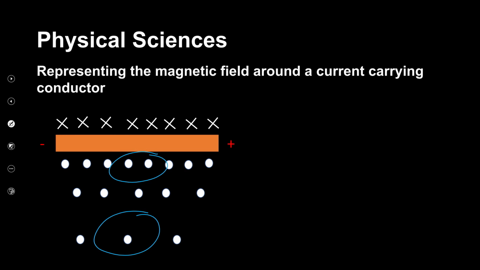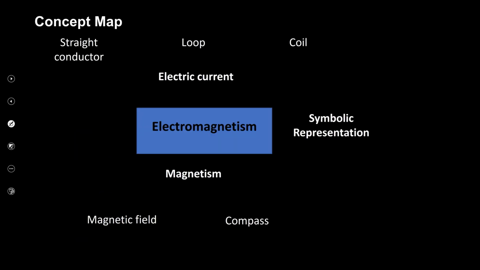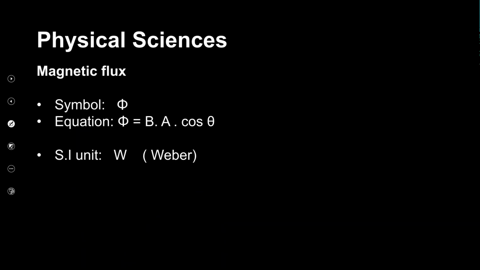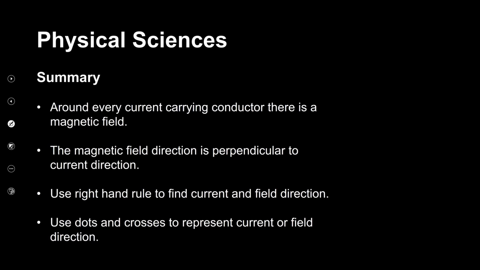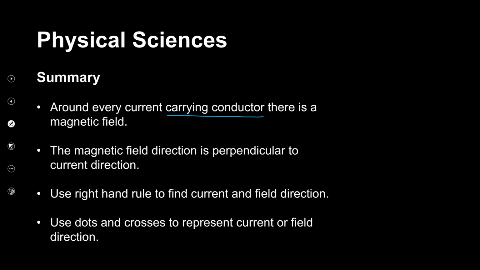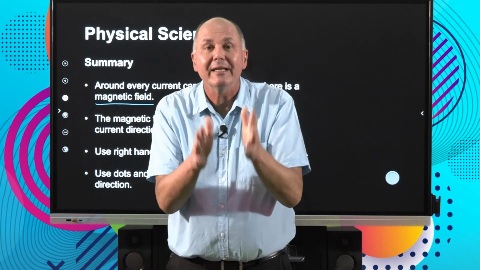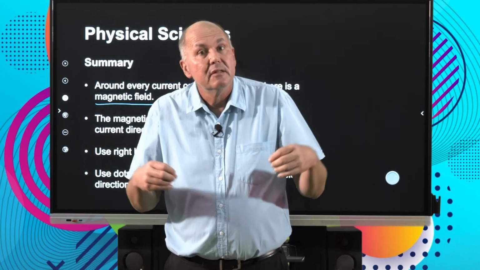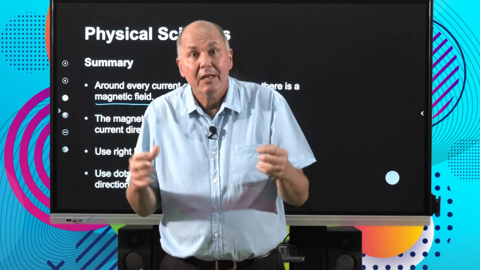Very good. Let's summarize our last few points over here. The summary is recognizing, first of all, that around every current-carrying conductor, there is a magnetic field. Guys, it doesn't matter how strong or weak the current is. If the current is very small, the magnetic field will be very small, but it's still there.